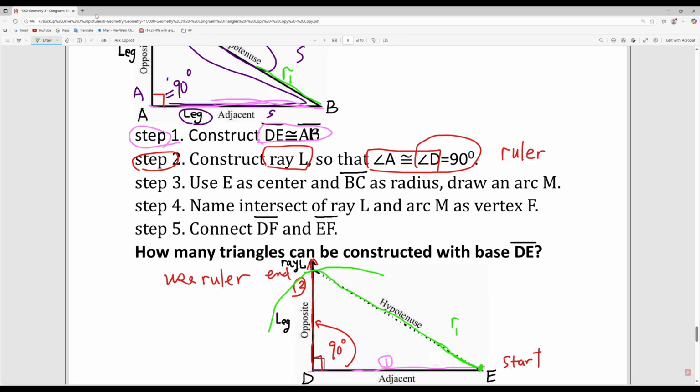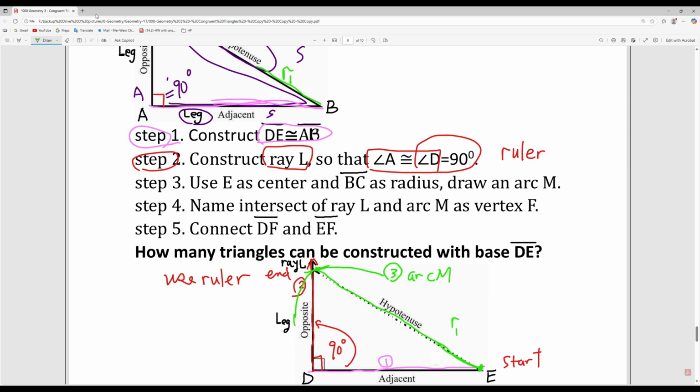I put the photo here because it's easier for me to draw a straight line. It's better this way. We call this step 3, and this arc we give it the name arc M.